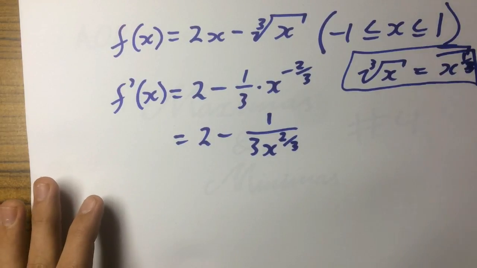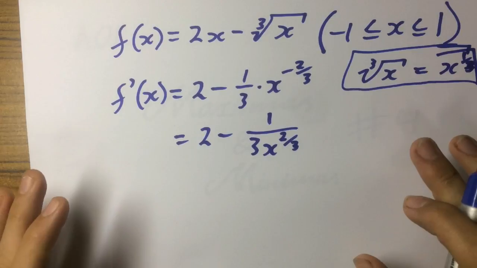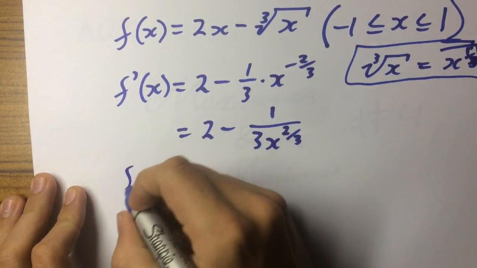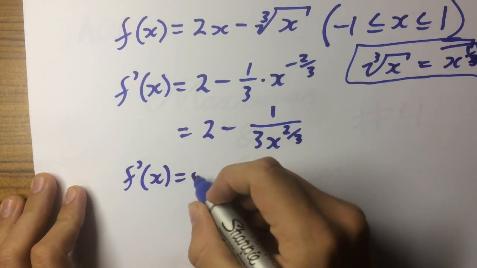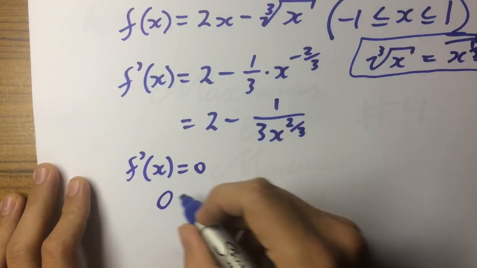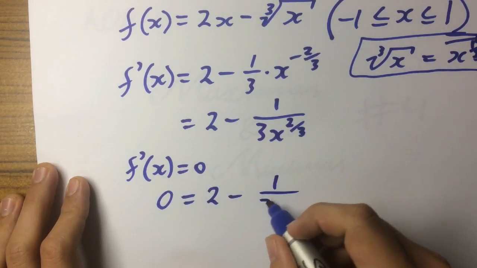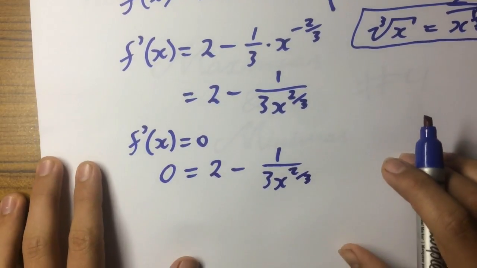What we're going to do now is solve for 0. So we're going to let this equal 0, and so we'll have 2 minus 1 over 3x to the power of 2 on 3.